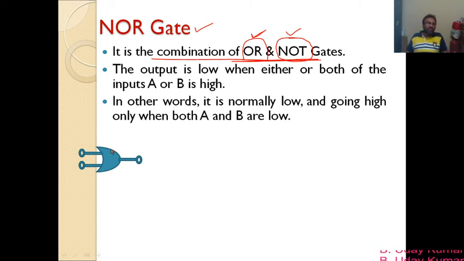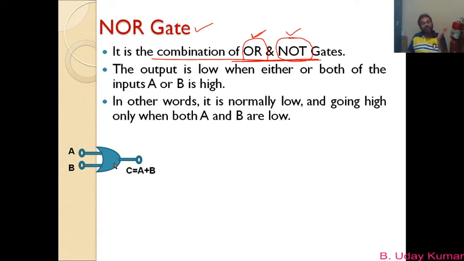You know that OR gate is a logic gate which has two inputs and one output. If I take the input terminals as A and B, the output of this OR gate I can write as C is equal to A plus B. In the earlier case, we combined AND and NOT gate to get NAND gate. Similarly here we combine OR and NOT gate.